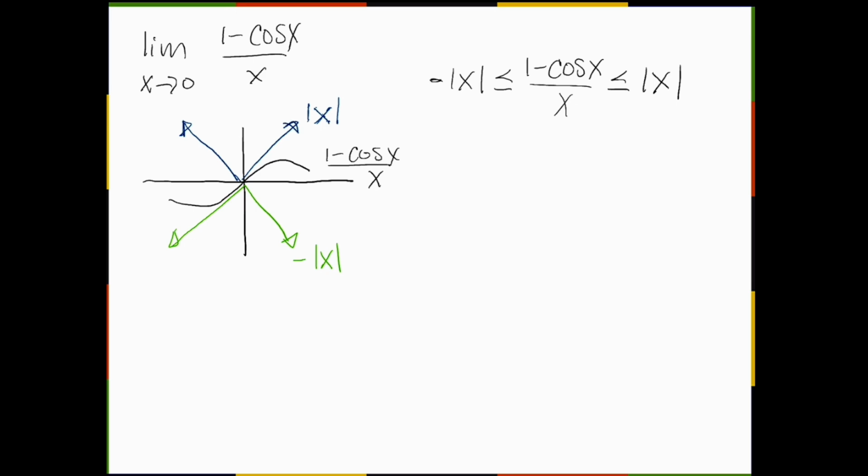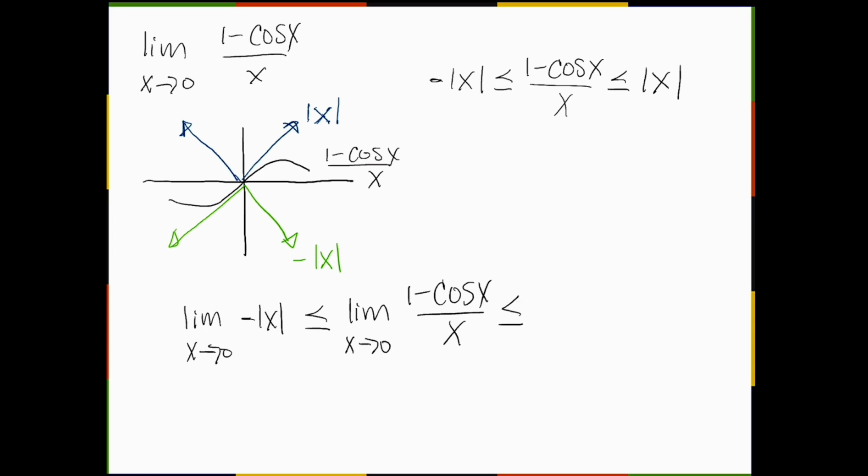So I'm going to write it down here so I have more room. The limit as x approaches 0 of the function negative absolute value of x is going to be less than or equal to the limit as x approaches 0 of the function 1 minus cosine x over x, which is less than or equal to the limit of the absolute value of x as x approaches 0.